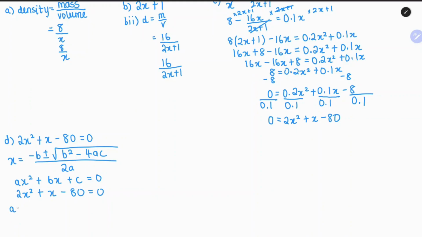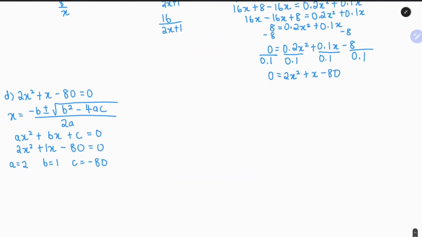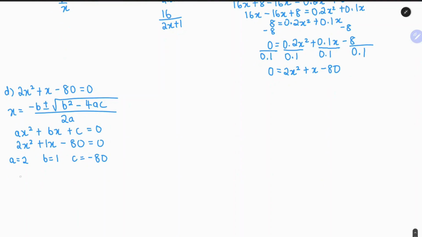And then A is going to be 2, B is going to be 1 because 1x, x is the same as 1x, and C is going to be minus 80. So now we're going to substitute it in. Minus 1 plus or minus square root of 1 squared minus 4 times 2 times negative 80, divided by 2 times 2.